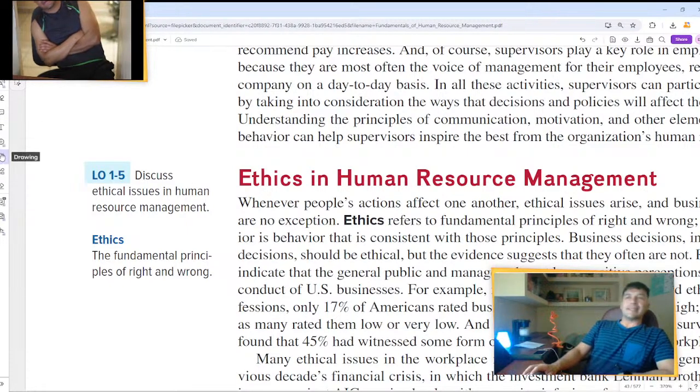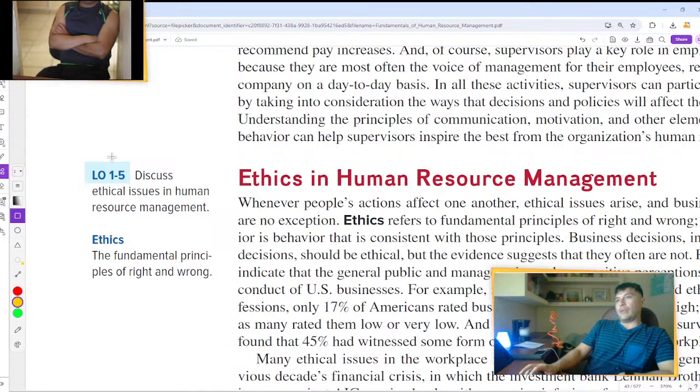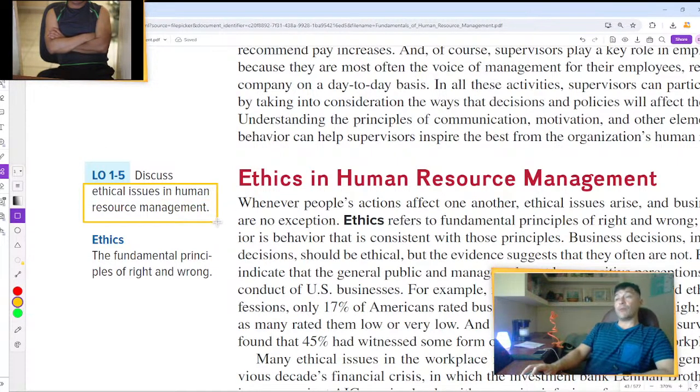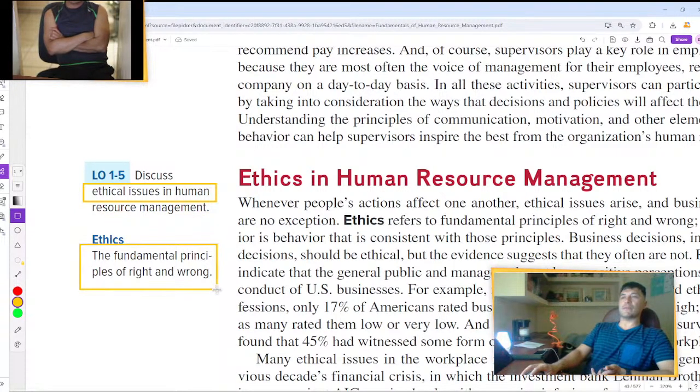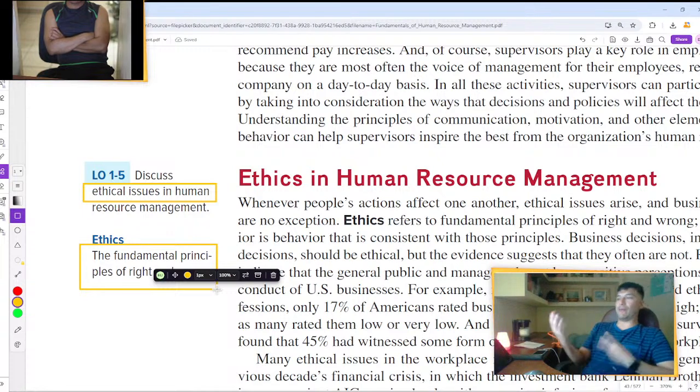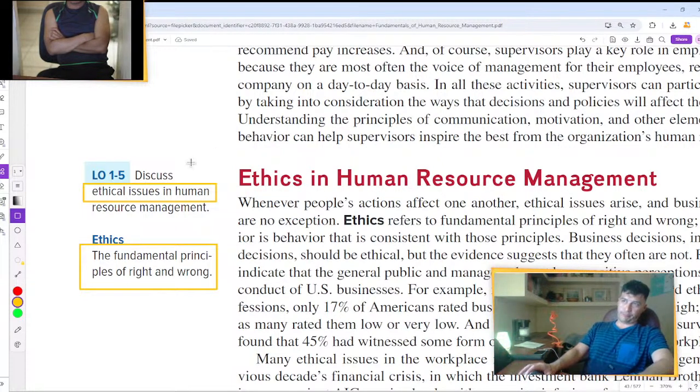So in the next lesson objective, we have ethical issues in human resource management. Ethics is basically the principles of doing the right thing, right and wrong, morals. So we're going to talk about this in the next class.